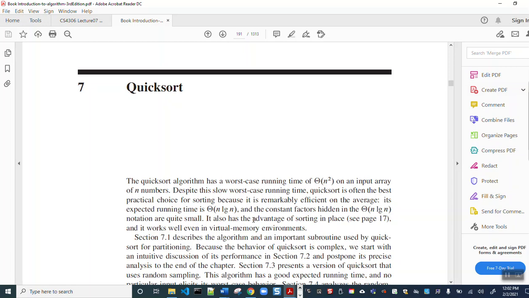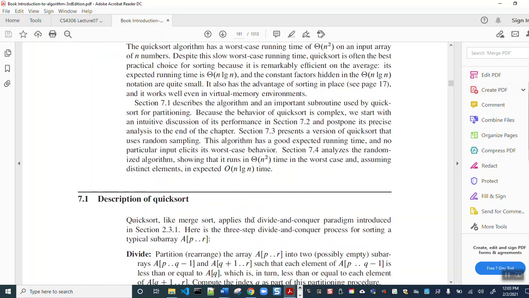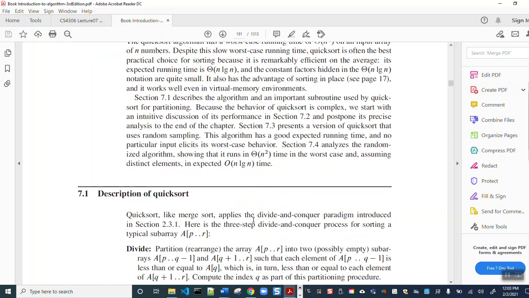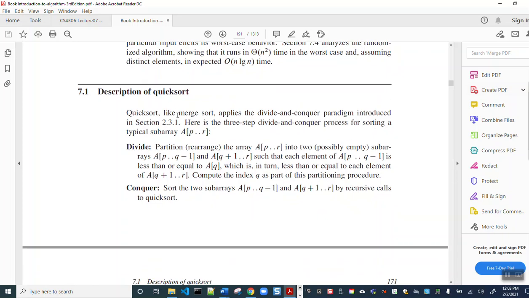If you go to the book, at the beginning you see that the Quicksort algorithm, like the merge sort algorithm, applies the divide and conquer paradigm, which you learned in the past week.